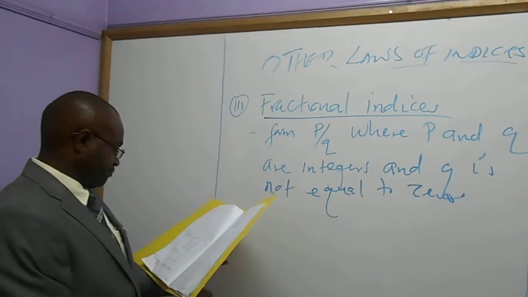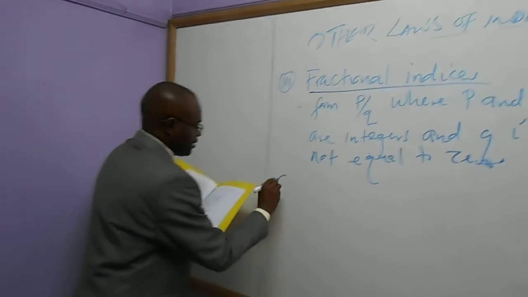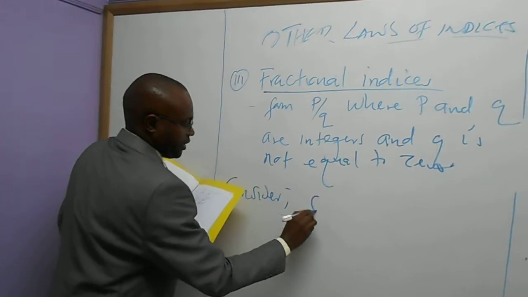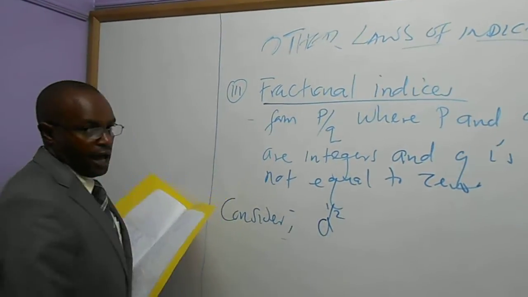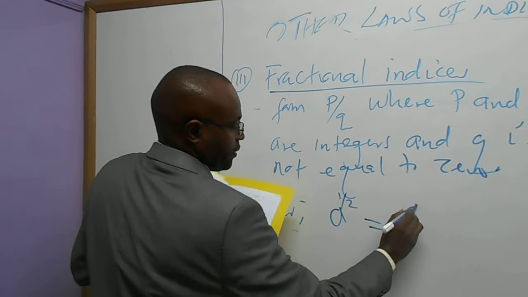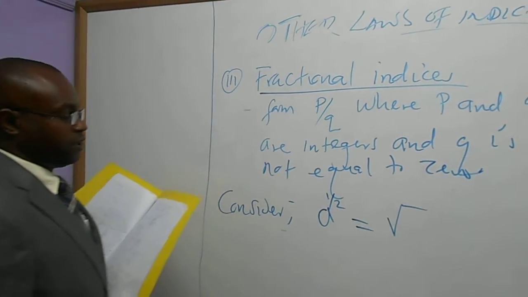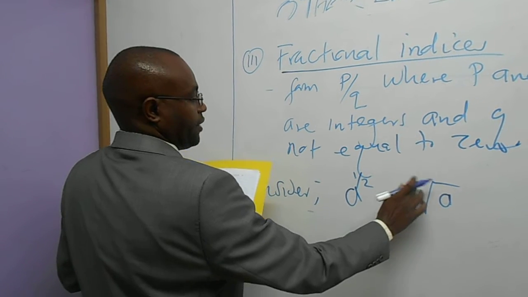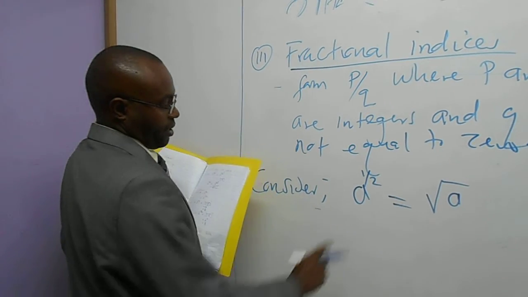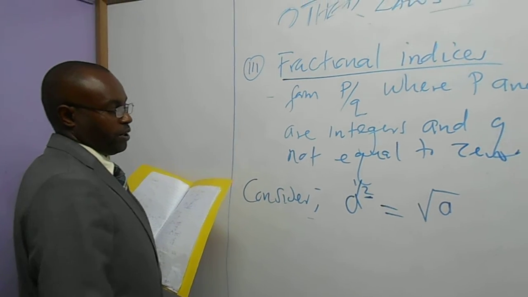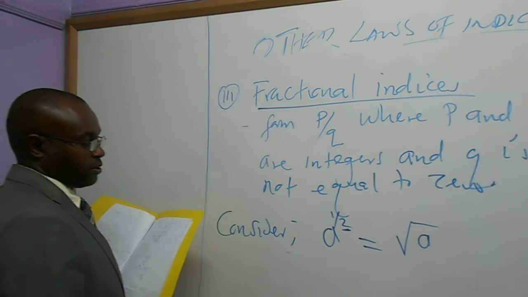And then consider this. If you are given a raised to a half, which is a fraction, this would mean introducing a root sign on a, and the root of that number is the 2 that we have here, which is the square root. So a raised to a half means the square root of a.